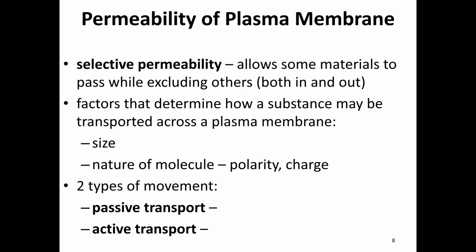This means that some materials are allowed to pass through while others are unable to pass through. So there are molecules moving into and out of the cell freely, while other molecules are going to have to find other ways to get in or out of the cell if they want to move across the membrane. There are multiple factors that affect the passage of molecules into and out of the cell.